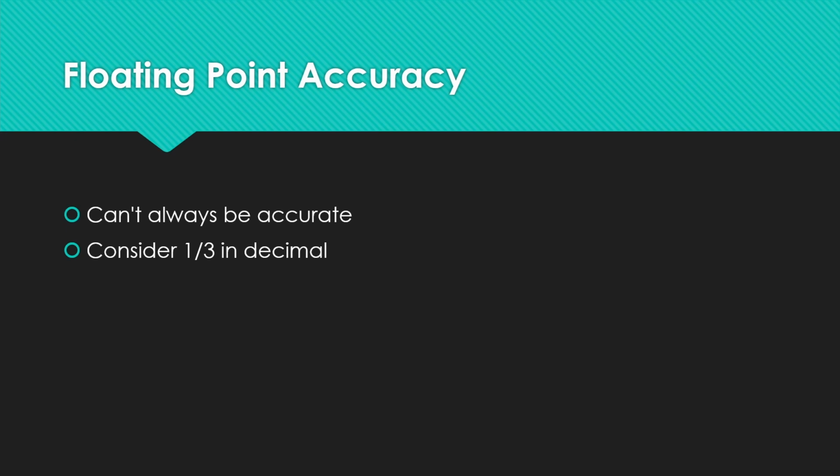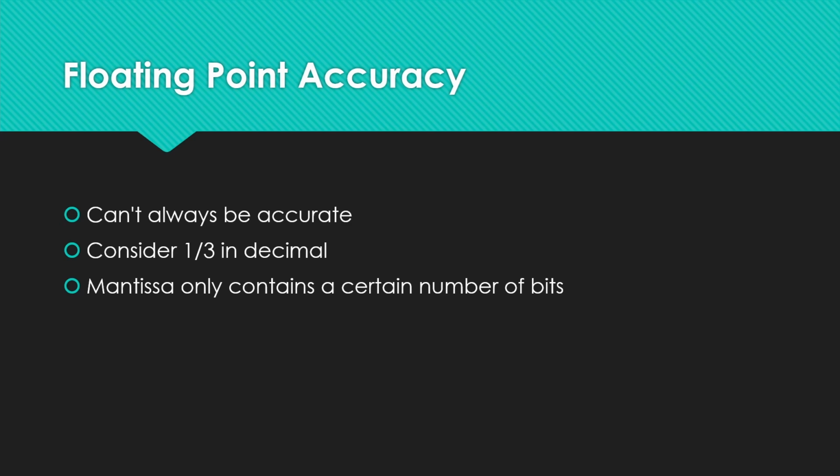If we have to somehow keep that in a certain number of digits, then we're going to be inaccurate because we're going to be missing the rest of the 3s. Similarly, we have a problem like that in our floating point numbers. The mantissa, that number we're multiplying by 2 to the something, only contains a certain number of bits.